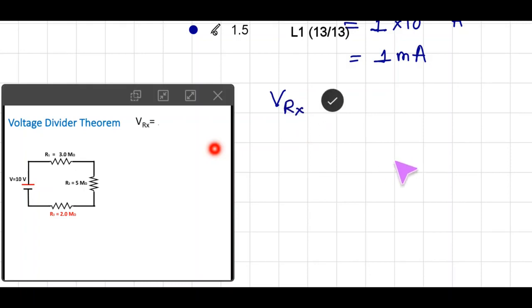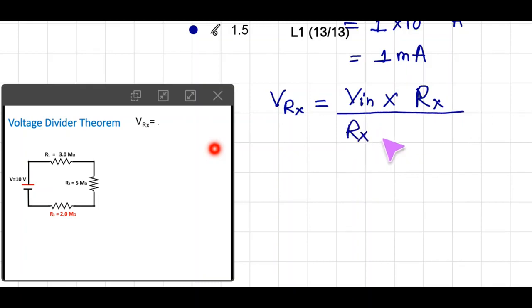So now VRX is equal to the input voltage, that is Vin, into the value of the resistance across which we are finding the voltage, that is Rx, divided by Rx plus Rs.